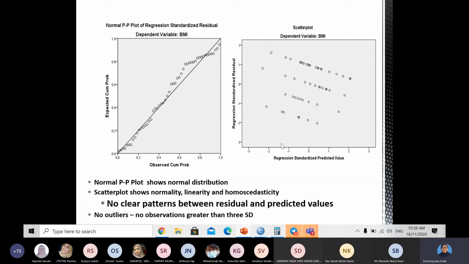You can see there are no outliers here because there is no observation greater than 3 standard deviations. No data is more than 3 standard deviations, all inside this range. So there are no outliers from this scatter plot.